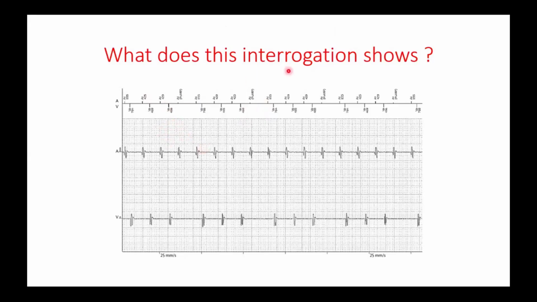This is an interrogation of a patient who was implanted, and here this is the atrial channel, and here is the ventricular channel. To make it easy, the upper rate, the upper tracking rate, is 120, and the atrial rate here is 140.